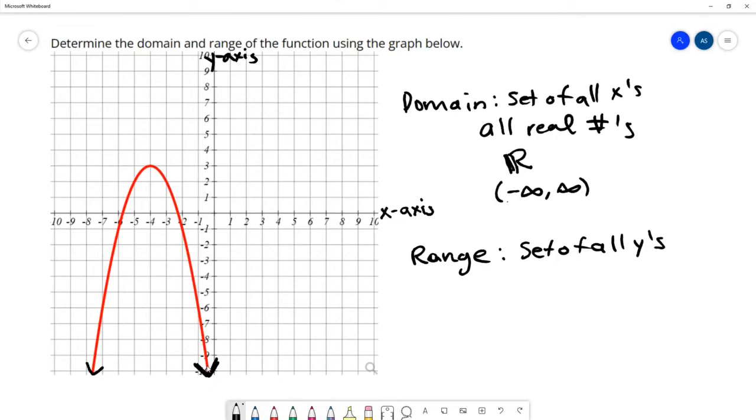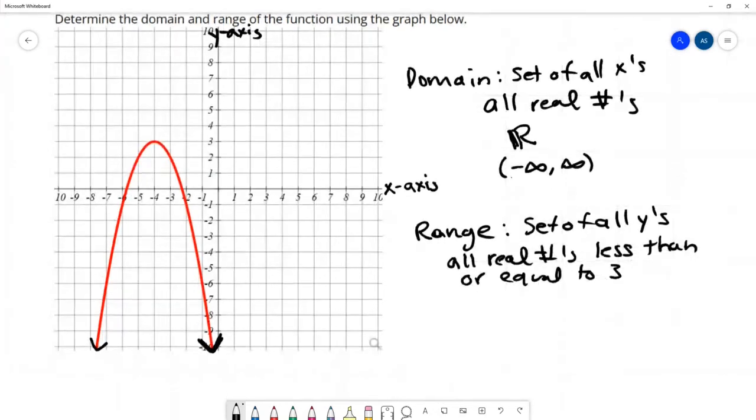So our range is all real numbers that are less than or equal to 3. And we can say that y is less than or equal to 3. We can also write that in interval notation.